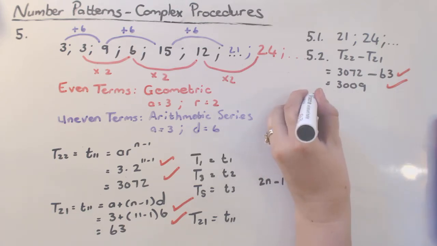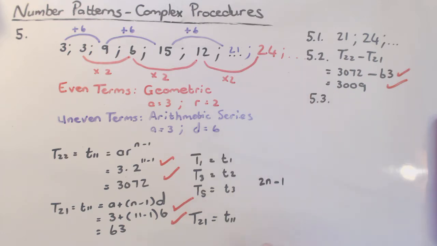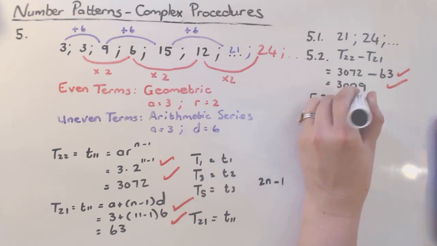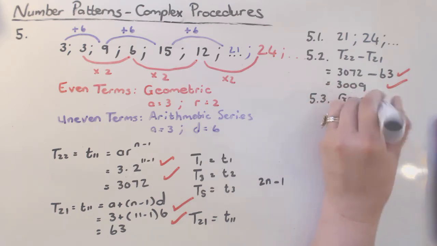Okay, then question 5.3 is prove that all the numbers in this sequence are divisible by 3. Right, now my even terms are a geometric series.